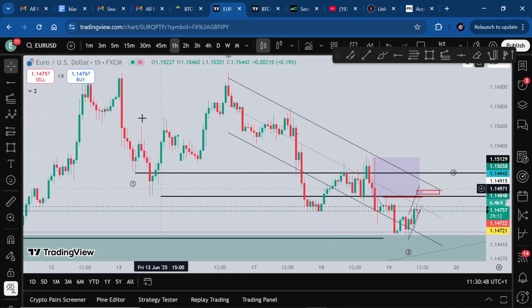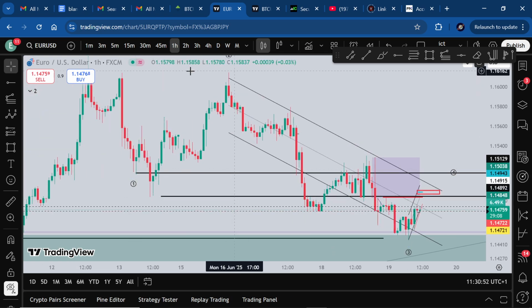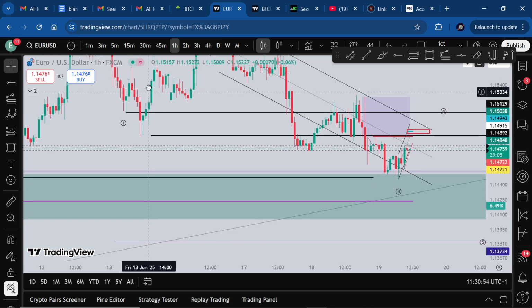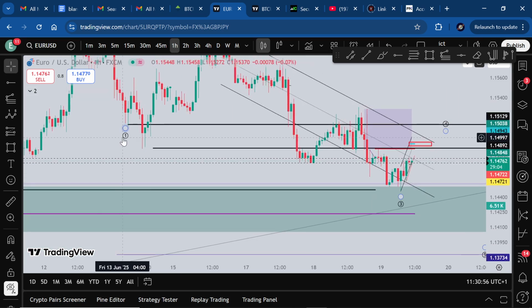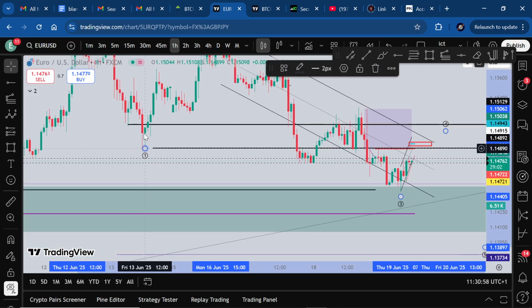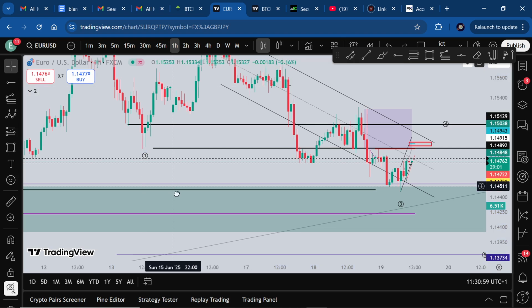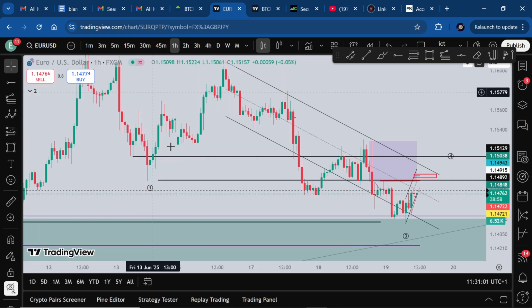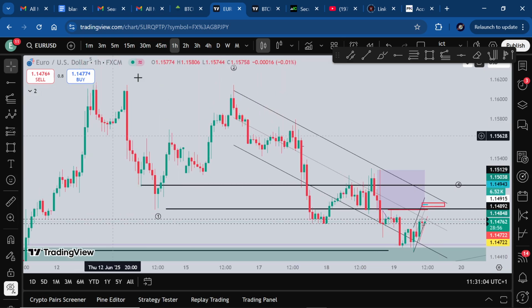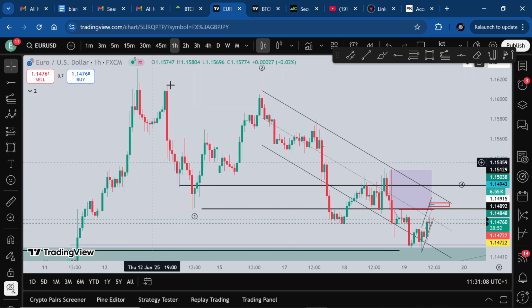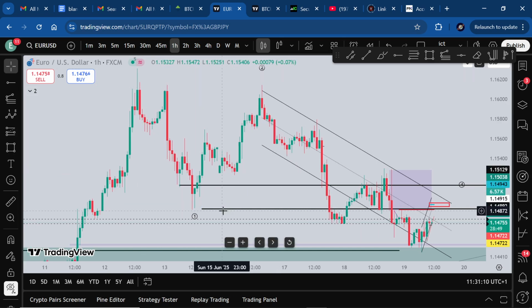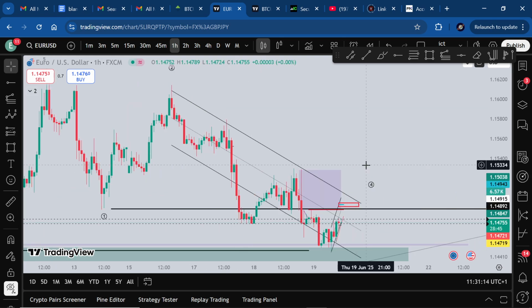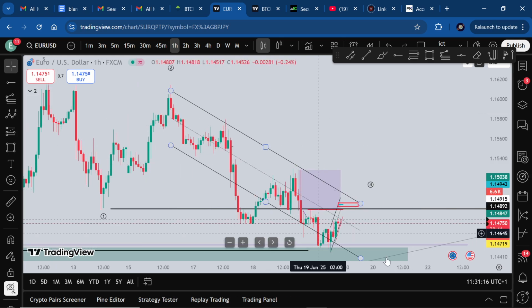There's also the chance that this is the 1 and we've got A, B, C. But to be honest with you, I prefer it here, because when I've got it there, I can clearly count a 1, 2, 3, 4, 5.